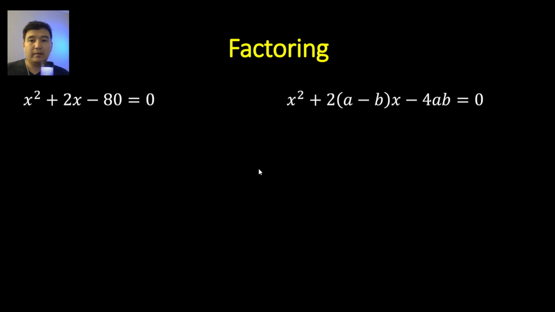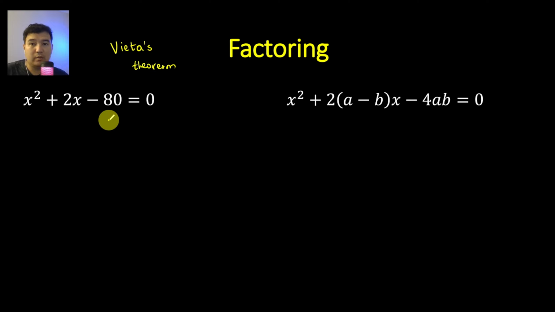So let's start with factoring. There are a lot of different ways of factoring quadratic equations. The method that I'm going to show you is based on Vieta's theorem. If you remember, there was a theorem called Vieta's theorem. This is an Italian mathematician, and it says that the quadratic equation has two roots, and their product is this number and their sum is this number.